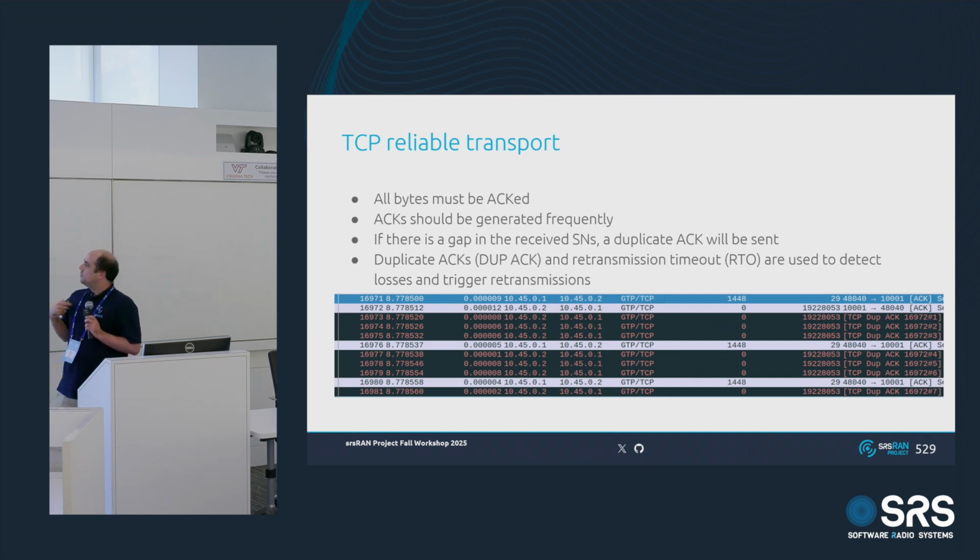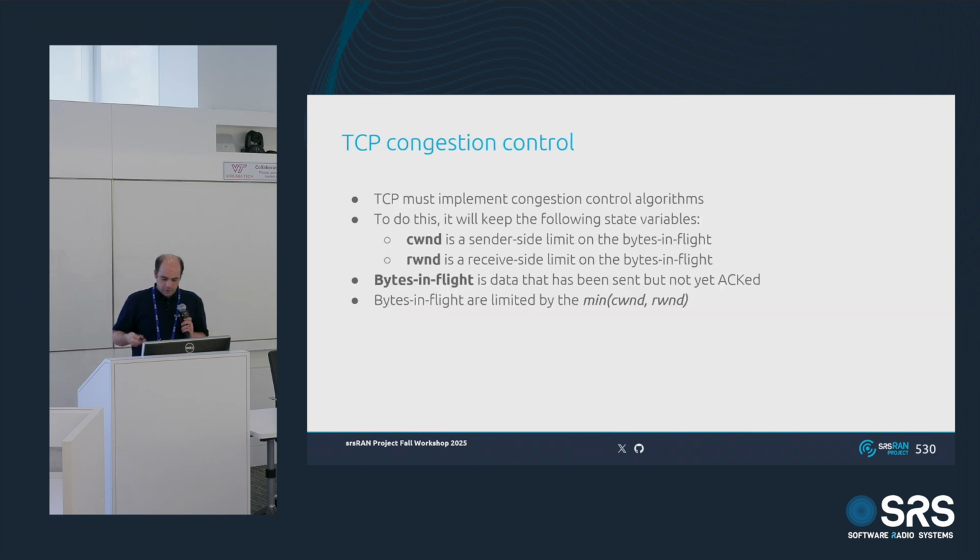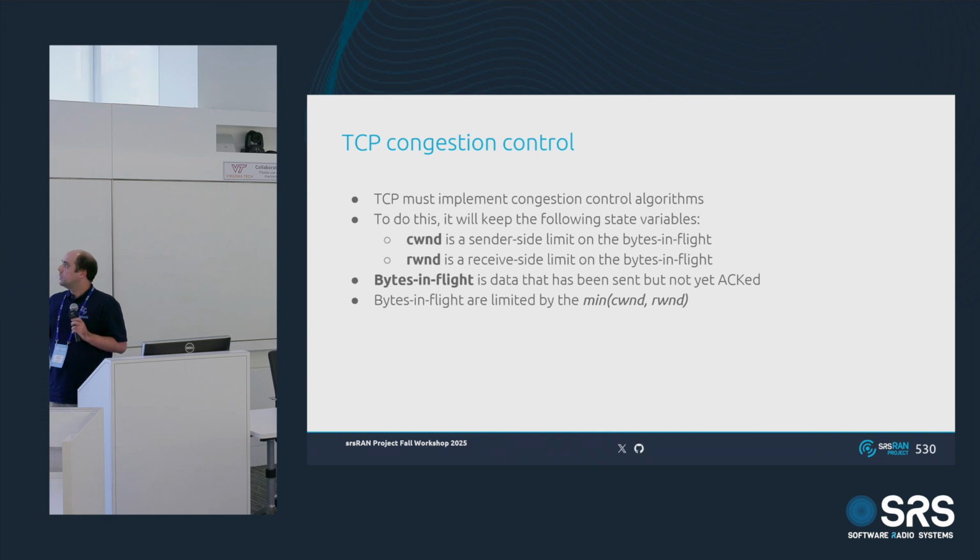Also, retransmission timeouts are used to detect losses. And TCP implements congestion control. This is the root of all problems. There are two state variables that are kept, the congestion window and the receive window.